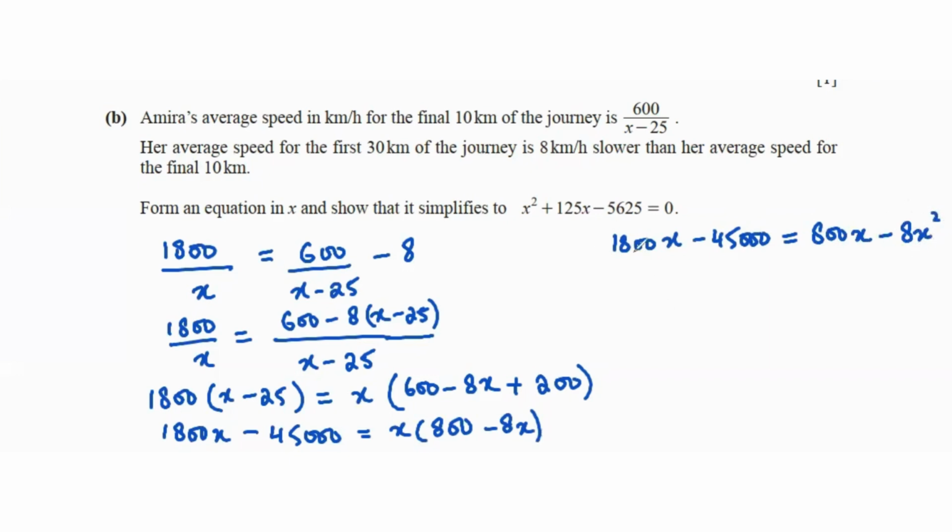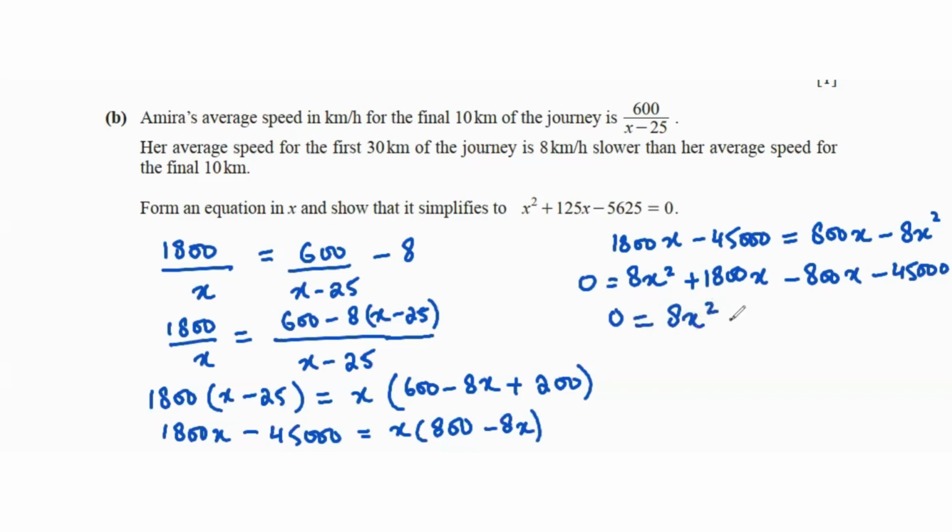Now let's bring everything to one side. So that's going to be 8X squared plus 1800X minus 800X, which is 1000X, minus 45,000, and all this is equal to 0.